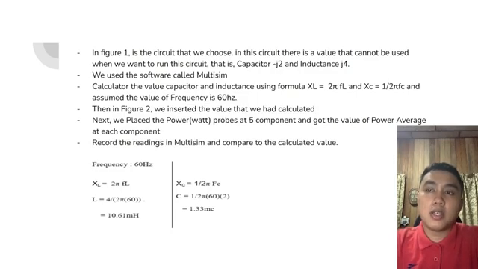We place the power watt probe on the 5 components and get the average power at each component. Then we record the readings in Multisim and compare them to the calculated values, and this is the value of L and C.